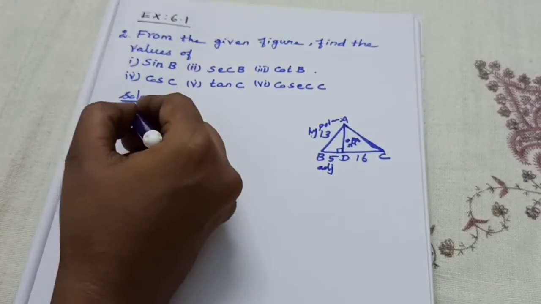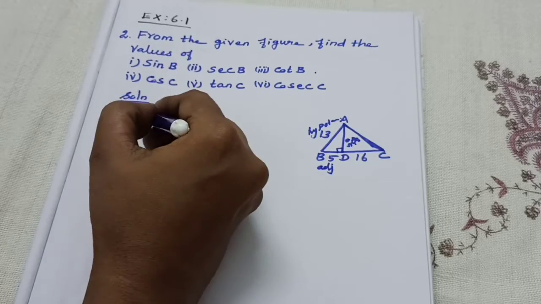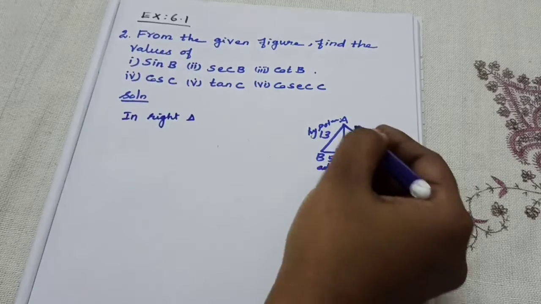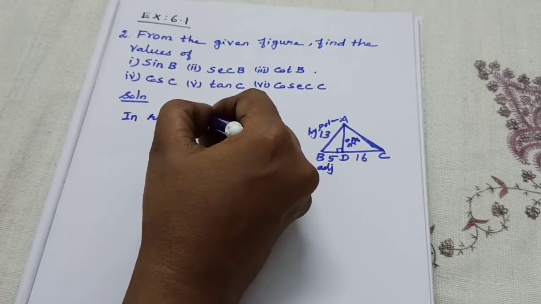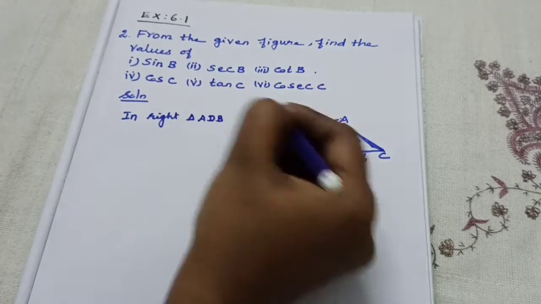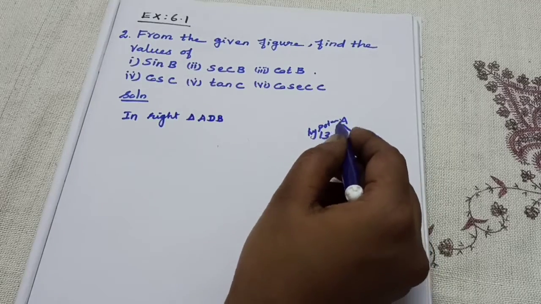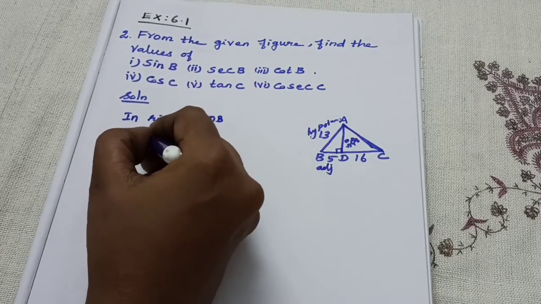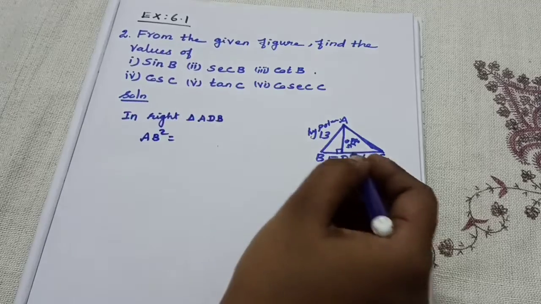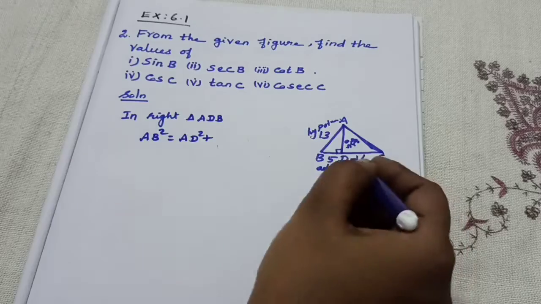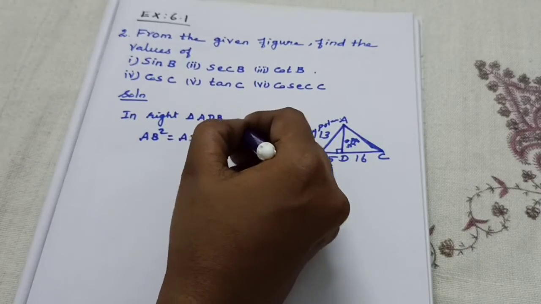In this right triangle, which one? A, D, B. This triangle we have to take. Which is the hypotenuse? AB is the hypotenuse. Hypotenuse square is equal to the sum of the squares of the other two sides, that means AD square plus BD square.